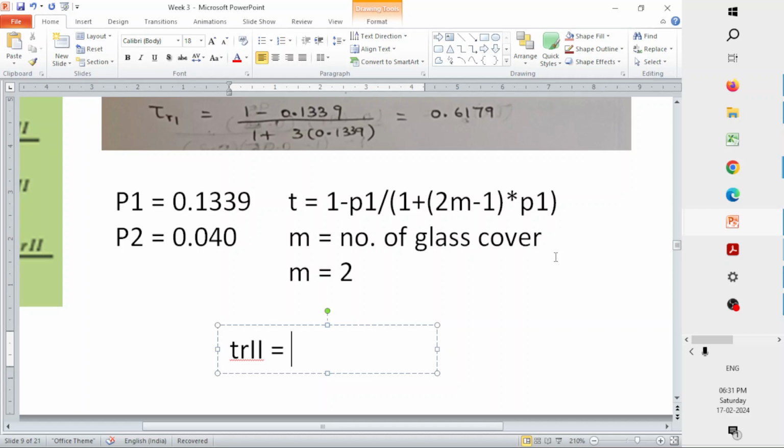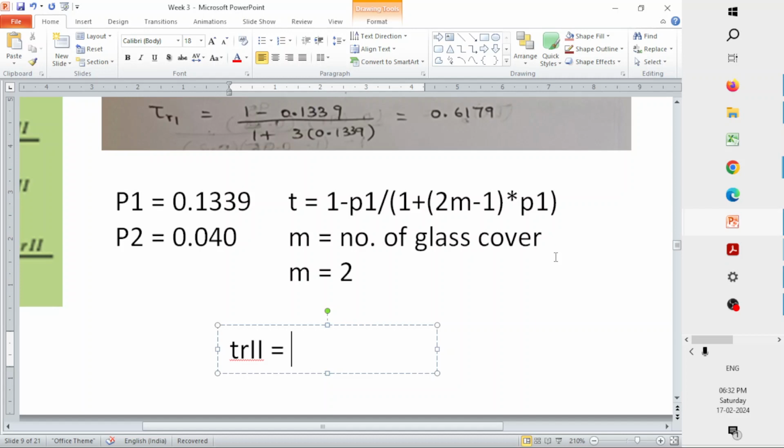Week 3 we will upload very soon, probably today or after tomorrow's week 4 lecture. I will update both PPTs together and make the necessary modification. Like here I have written P1, so I will make it rho 1. It will be available before Wednesday of the coming week.